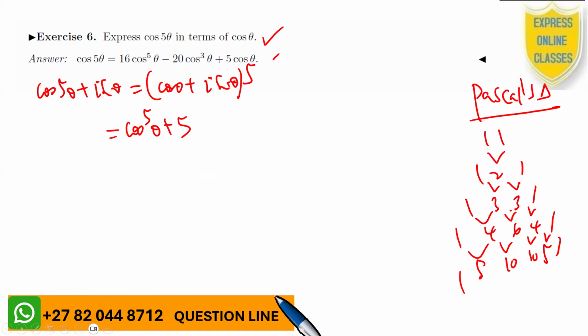By Pascal's triangle, you're going to have exactly that. So we continue. Now this is cosine to the power 4 of theta. Then we have i sine theta, cosine to the power 3 of theta.